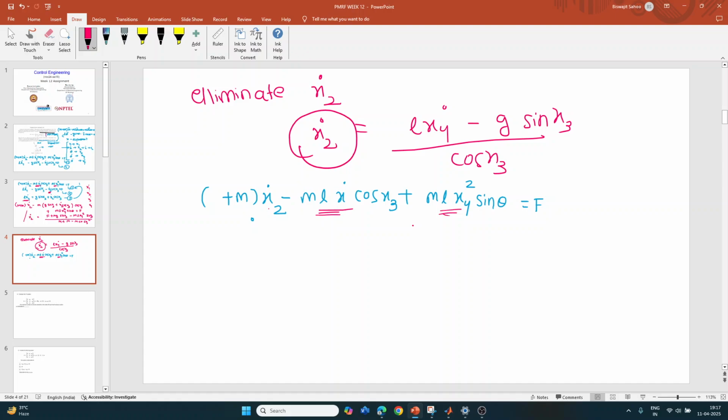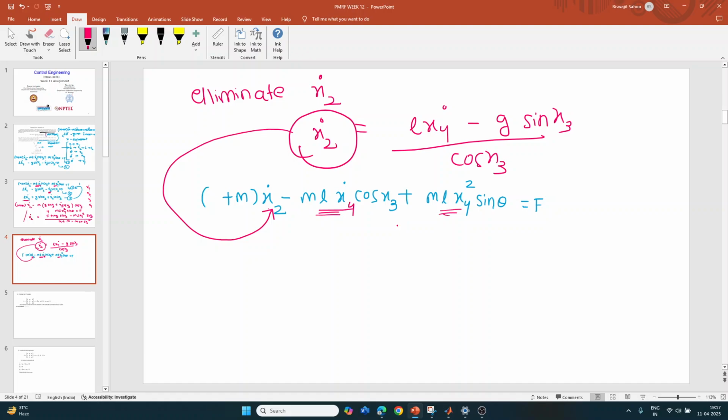Now what you need to do, previously we eliminated x4 dot. Now in this equation we have to eliminate x2 dot. So you place this x2 dot here. Then you write down the equations.